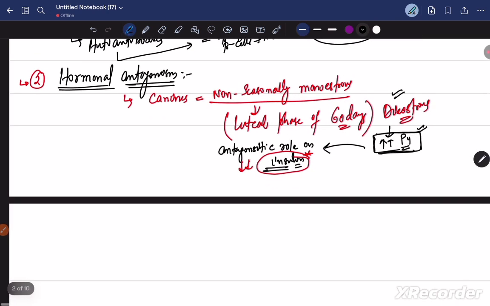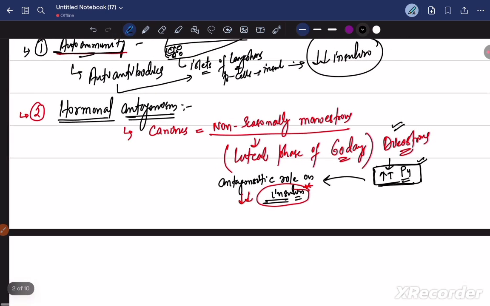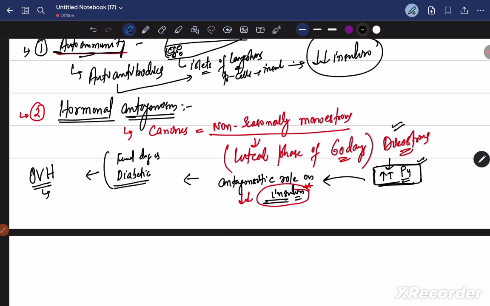Remember one thing here, a clinical point: whenever a female dog is diabetic, it is mandatory to go for OVH. Why?